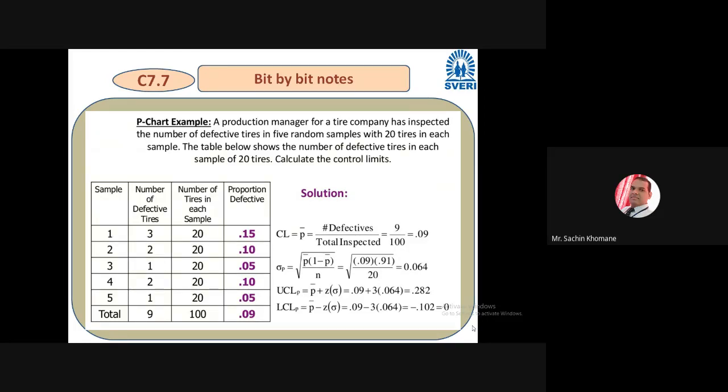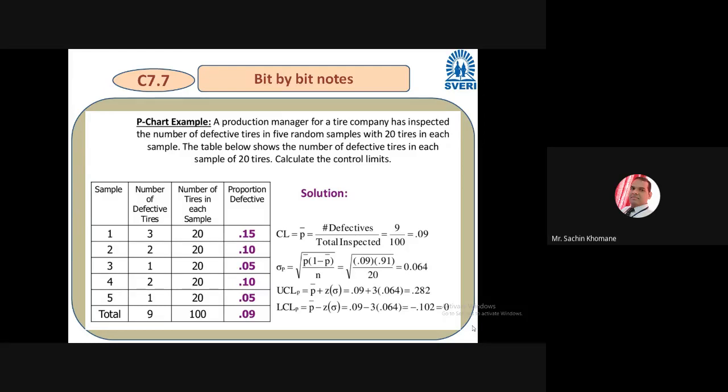You can see one example where sample numbers are given, number of defective tires, and number of tires in each sample. The example is like this: a production manager for a tire company has inspected the number of defective tires in 5 random samples, with 20 tires in each sample.